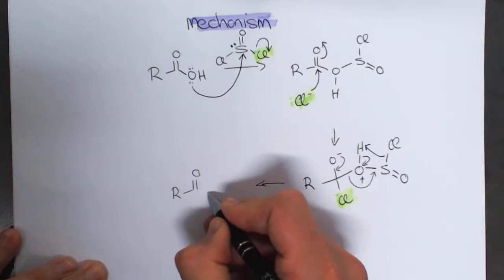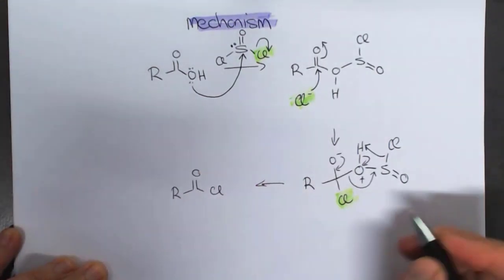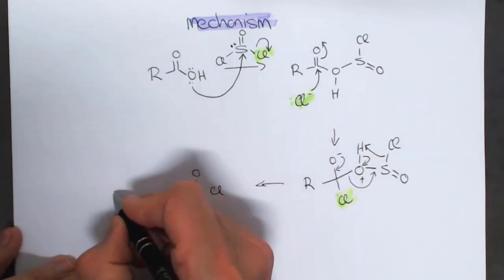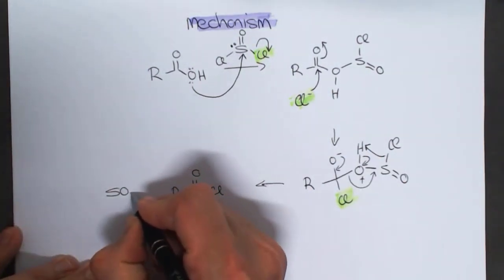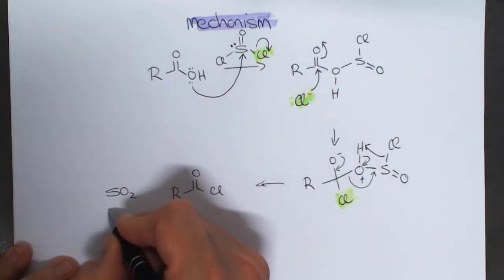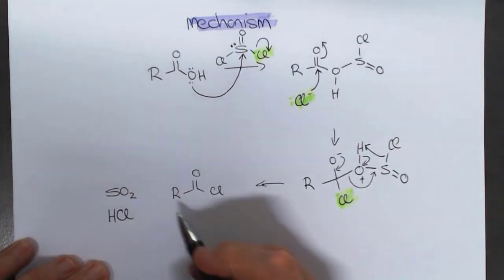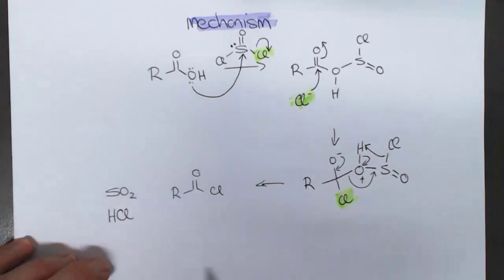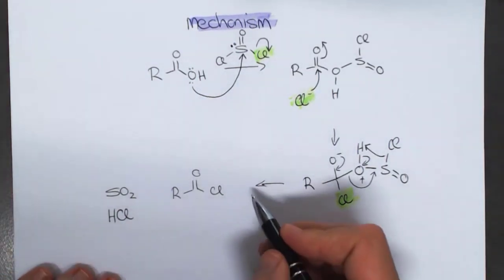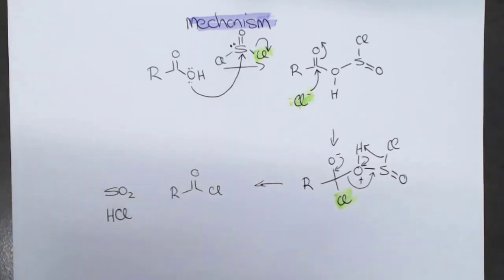What we have formed over here is SO2, sulfur dioxide, which is a gas, and we formed HCl. So there's an acid that is formed as well in this reaction. And so this gives us our acid chloride.